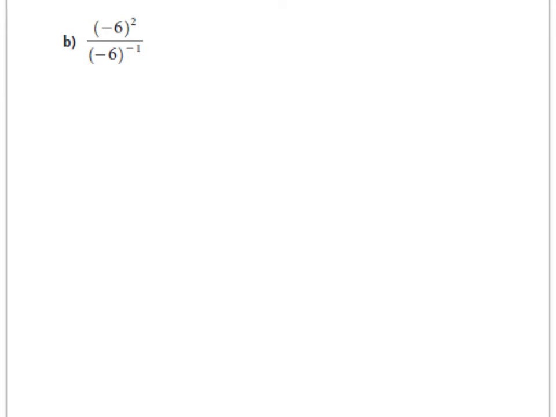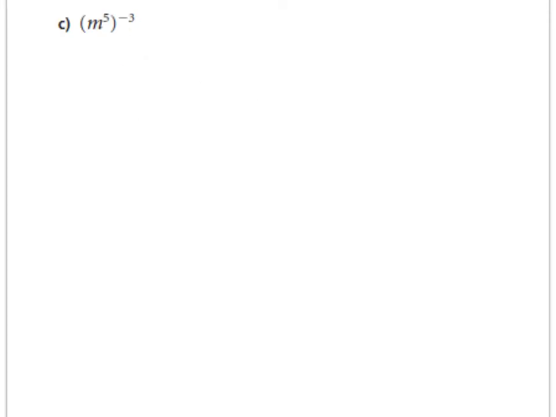The next example, I'm dividing two powers with the same base. Since the bases are the same, I'm going to write one base, and then I'm going to subtract the exponents. So 2 minus minus 1, which is going to be negative 6. Minus minus is positive, so 2 plus 1 is going to give me 3.